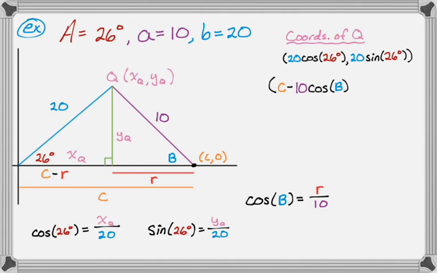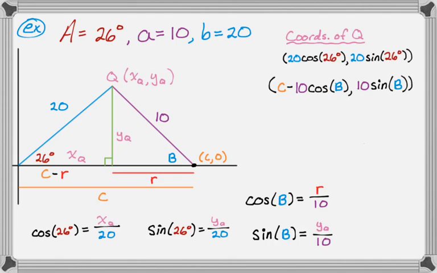And then we need to write the y coordinate again, but that one's a little more straightforward because the sine of B is y sub Q over 10. So we know the y coordinate is just 10 sine of B. So if you look at that, we've written the coordinates two different ways, and there's two unknowns in there.